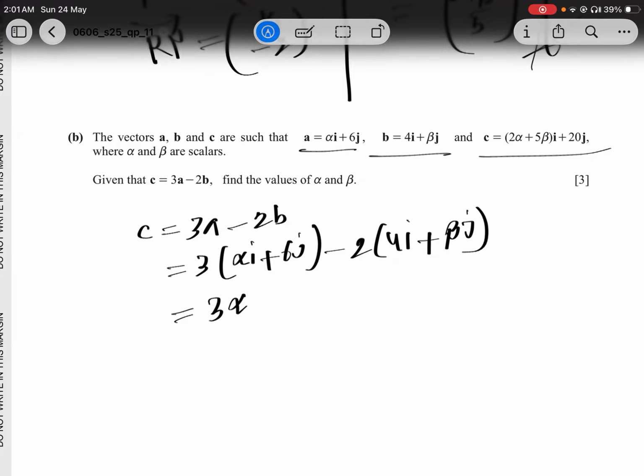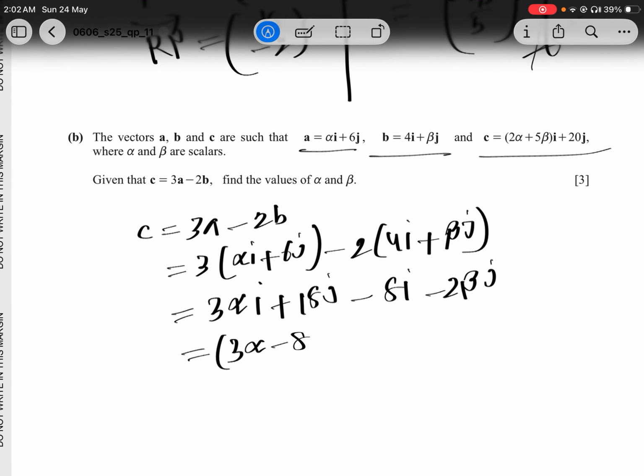So which is 3 alpha I plus 18 of J minus 8 of I minus 2 beta of J. What we need to do, we have to pack I and J. So this is 3 alpha minus 8 packed with I, and plus 18 minus twice beta packed with J, right?